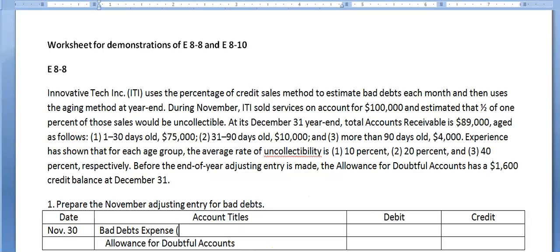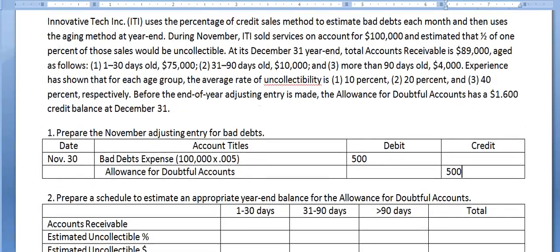So I'll show you the calculation here. $100,000 in credit sales times 0.5%, or 0.005, and the amount of our entry will be $500, a debit to bad debt expense and a credit to the allowance for doubtful accounts.